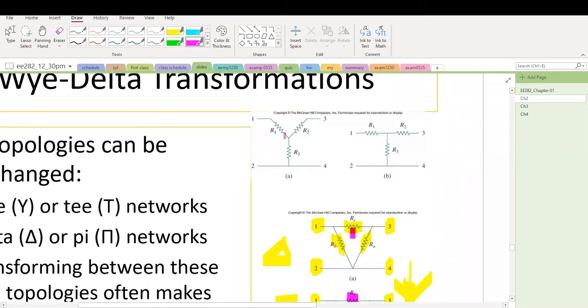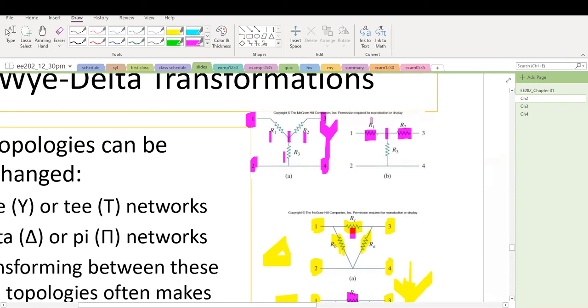This is a Y connection. You can see here, this looks like a Y connection, with R1, R2, and R3 and terminals 1, 2, 3, and 4. Or T: you can stretch R1 and R2 horizontally.